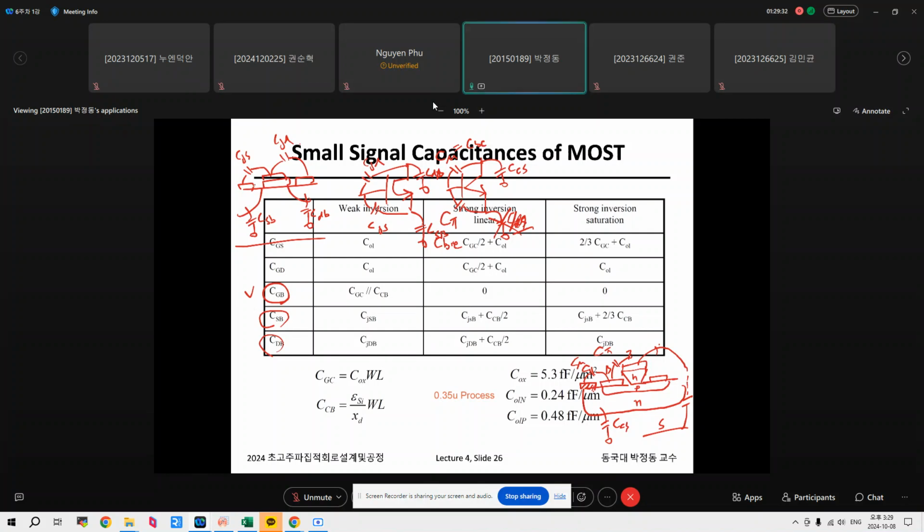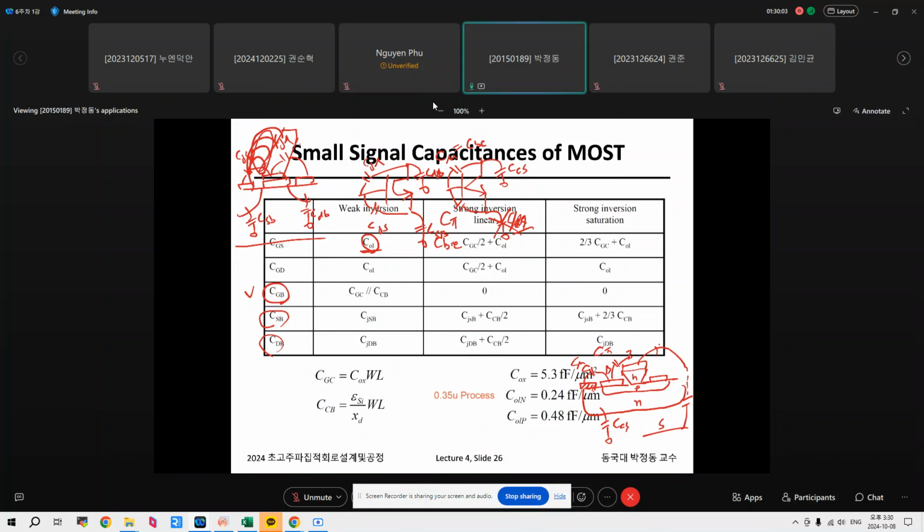So as can be seen, CGS is typically caused by the fringing capacitor. This is an overlap capacitor between gate and source, because there exists, let's say, a gate width. At the edge line, there exists a fringing stray capacitor, fringing field, which causes COL.